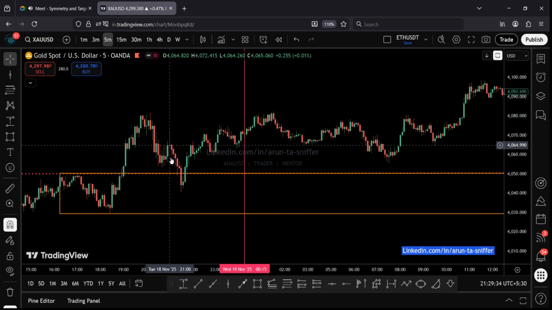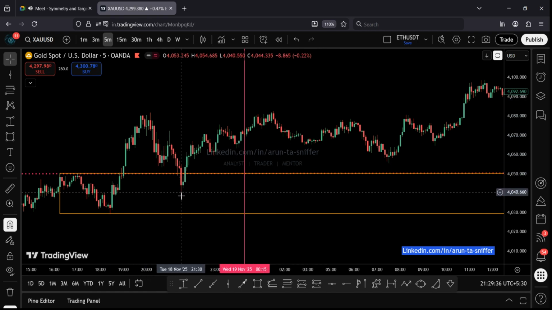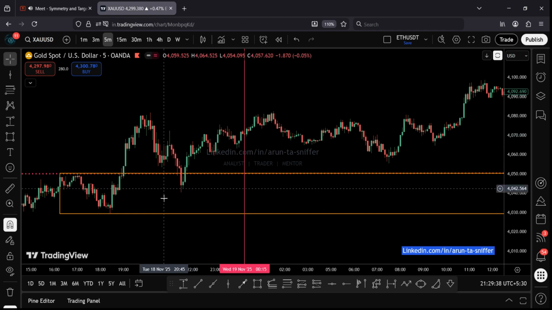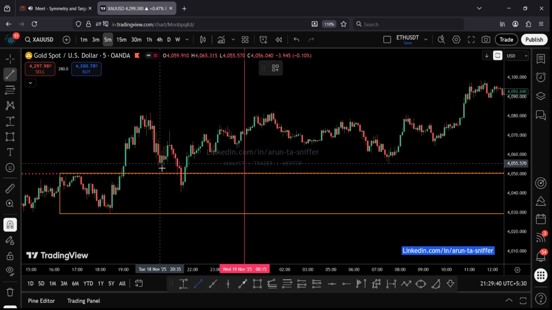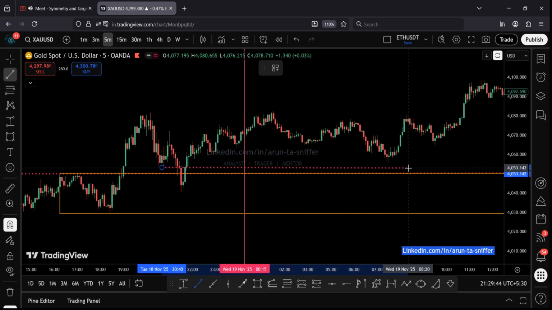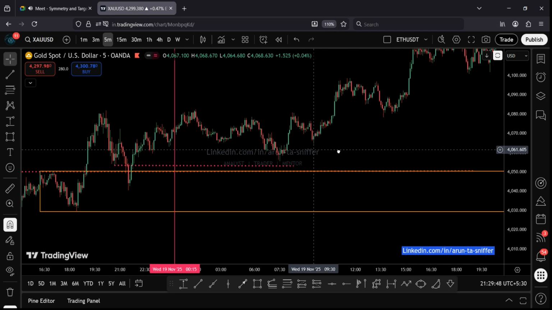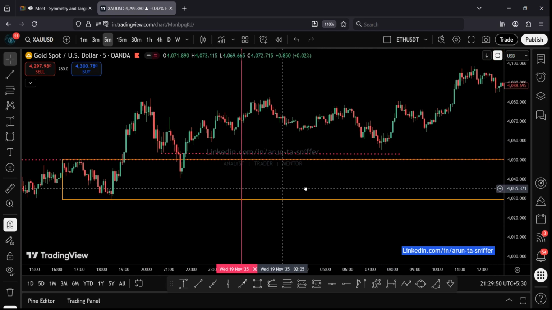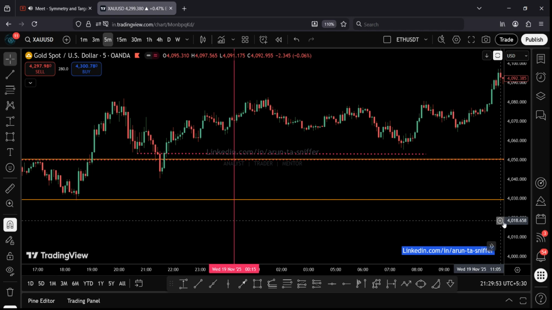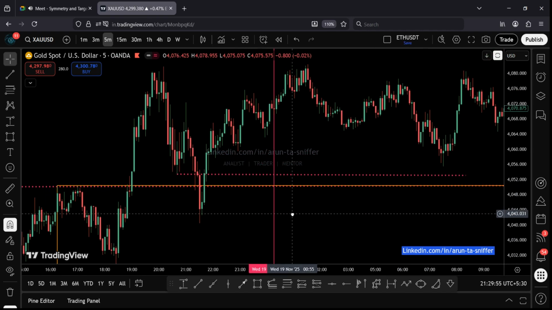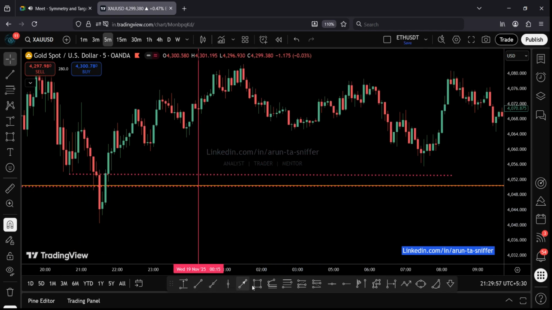Here we see a low, high, lower low and higher high. So what is our LSK? Our LSK will be like this.